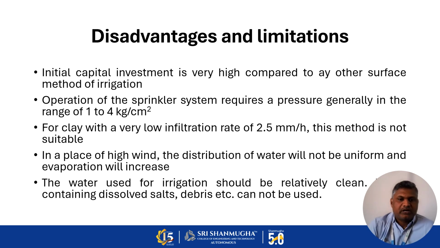In places of high wind, the distribution of water will not be uniform and the operating cost will increase. The water used for irrigation should be relatively clean, free of dissolved salts and debris, otherwise it will clog the sprinkler nozzles.